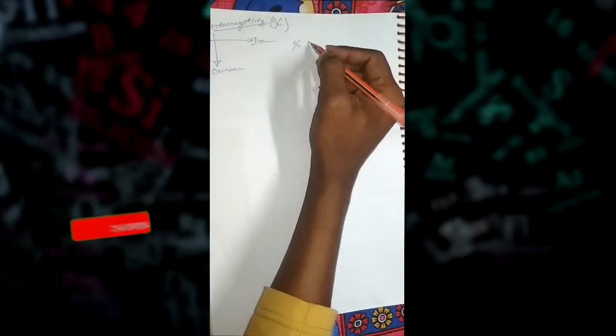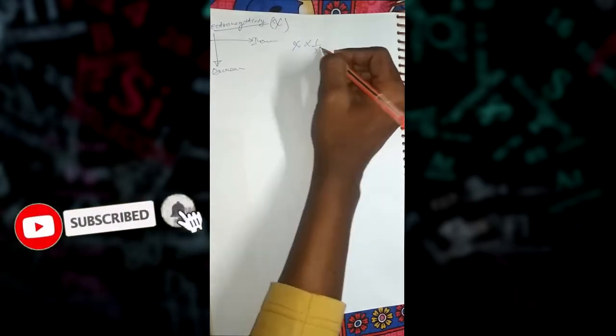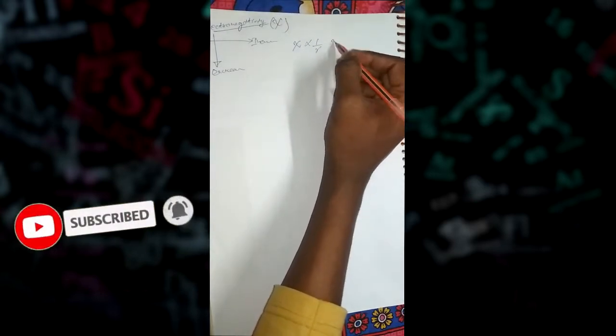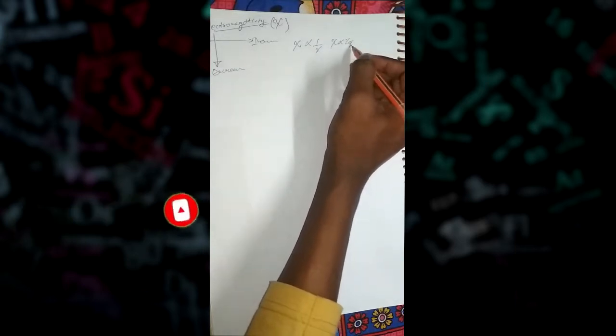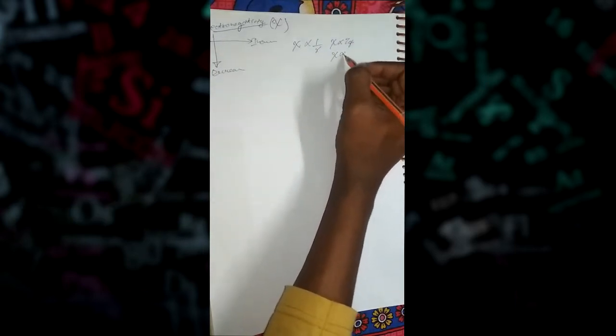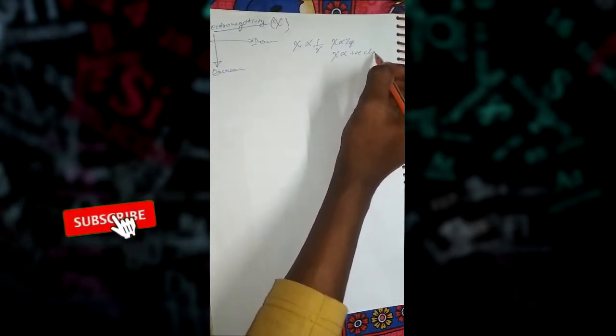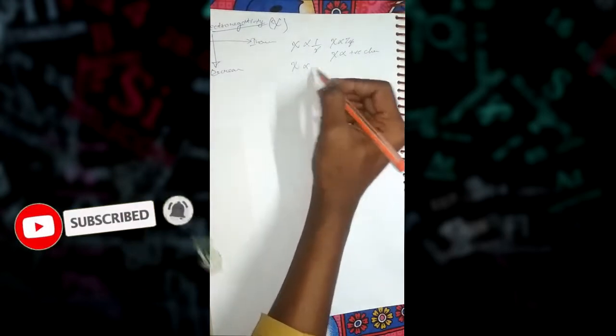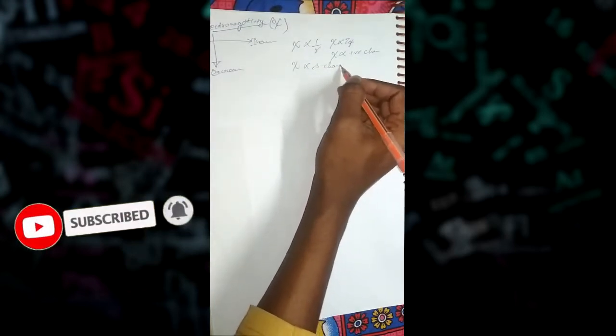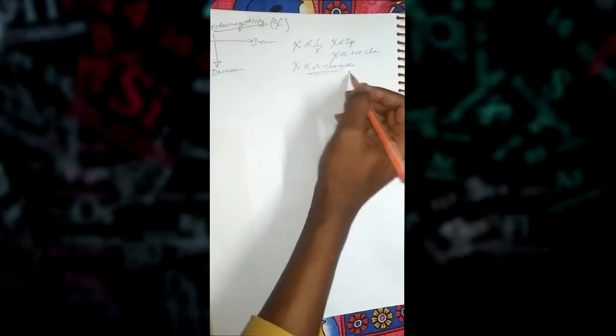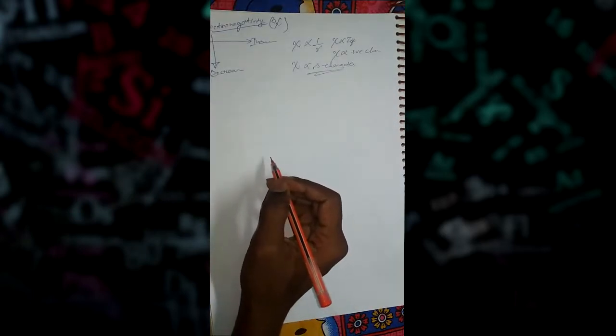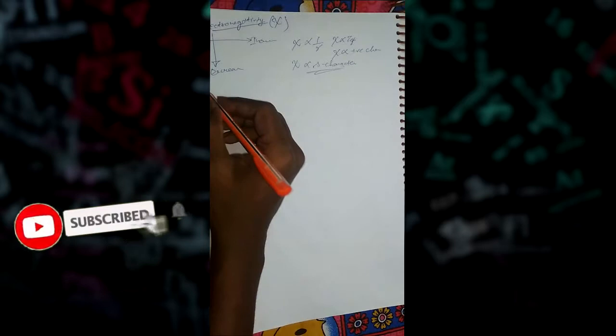And electronegativity is directly proportional to 1 by radius, directly proportional to effective nuclear charge, directly proportional to positive charge, and directly proportional to s character. Concept of hybridization.